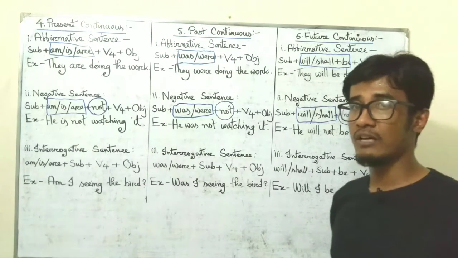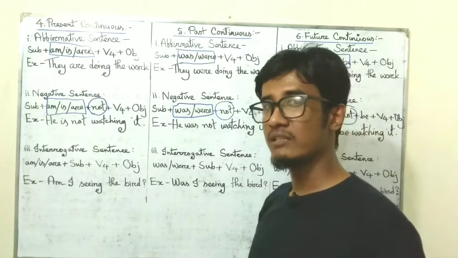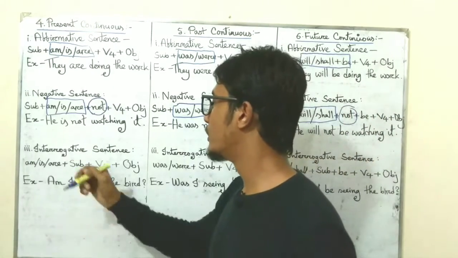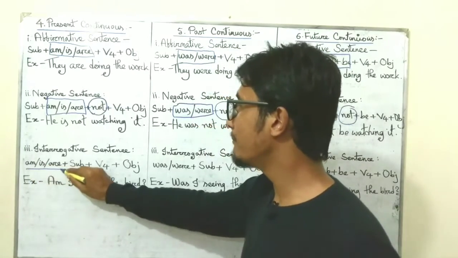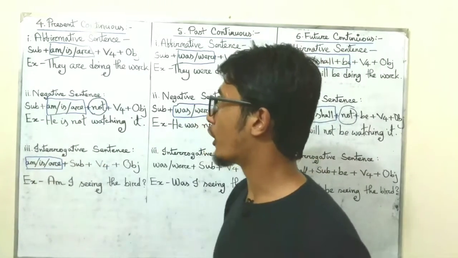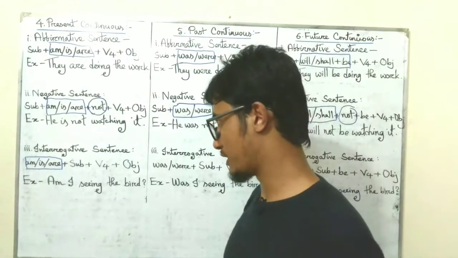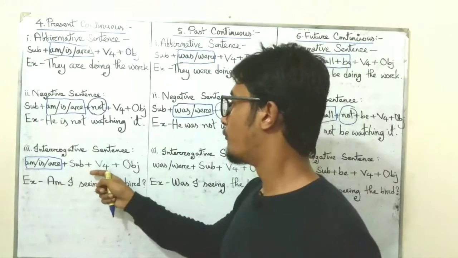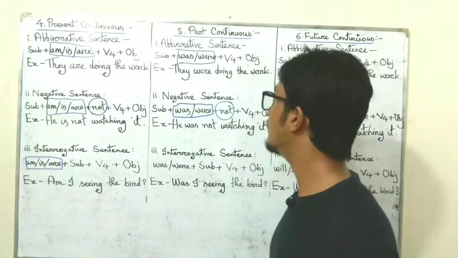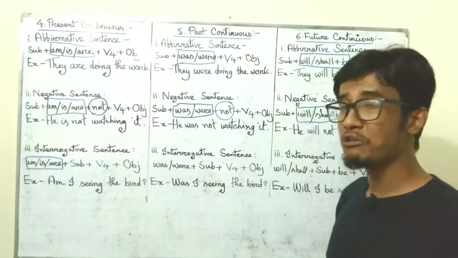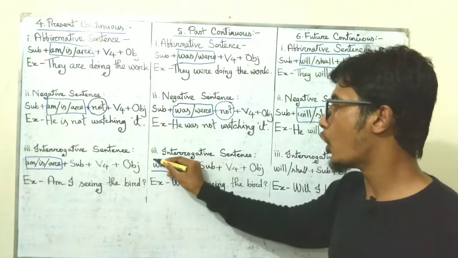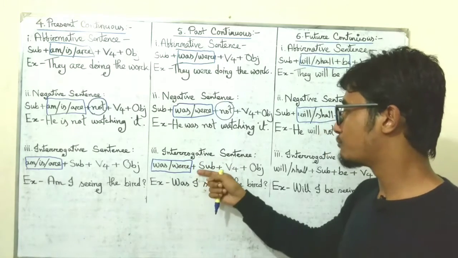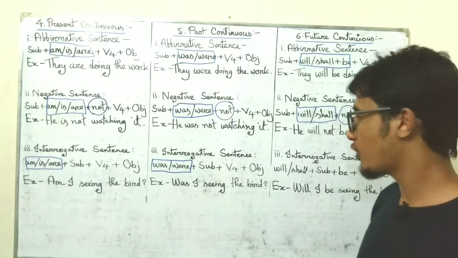So dear viewers, let me show you the differences once again. Interrogative sentence, we start with auxiliary verb am, or, is, or, are in present continuous. Then subject, V4, and object. In past continuous interrogative sentence, we start with was or were, then subject plus V4 plus object.